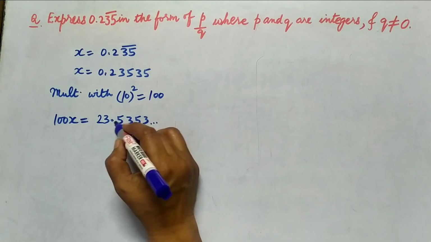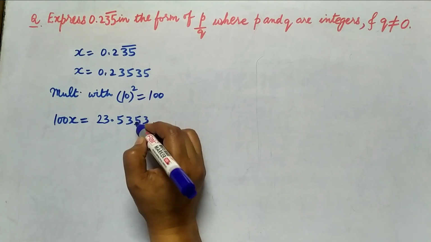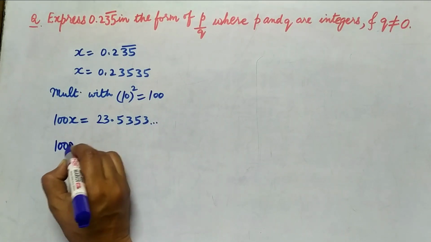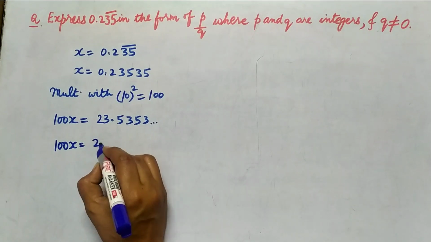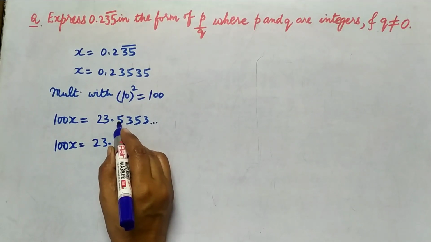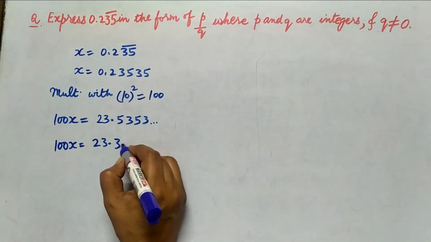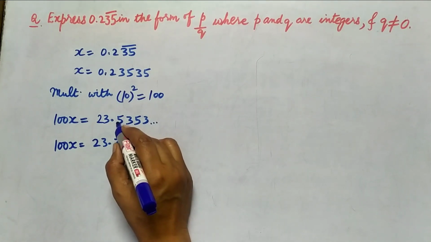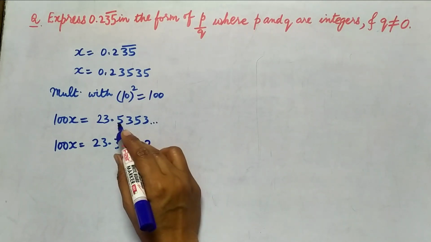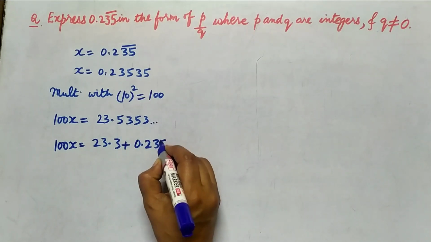Next, we break up this number in the form of x. How? We write 100x is equal to 23.3. From here we are taking only 3, and what is left? 2 is left, 0.2 and these numbers 353.